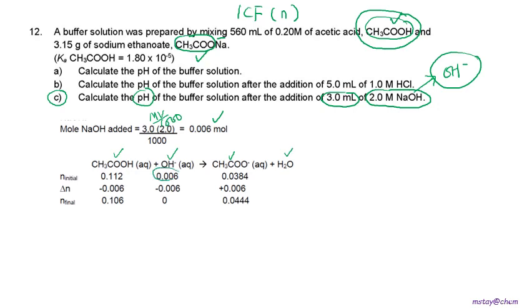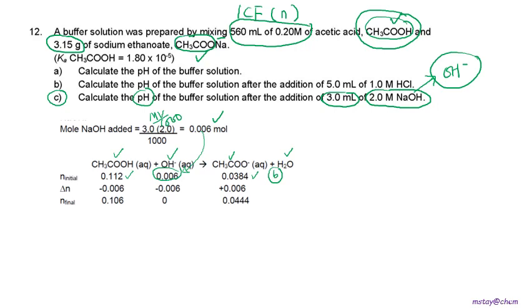This 0.006 is what we just calculated. Then 0.112 and 0.0384 basically are from mv over 1000 for the acetic acid, and 3.15 over the molar mass of sodium ethanoate. These values were obtained from part B, so we don't show the calculation again.